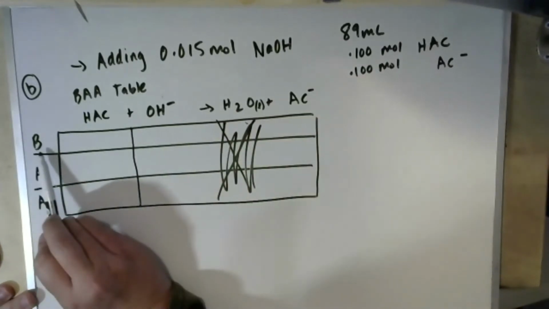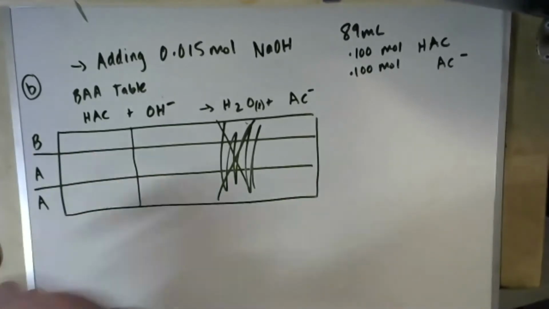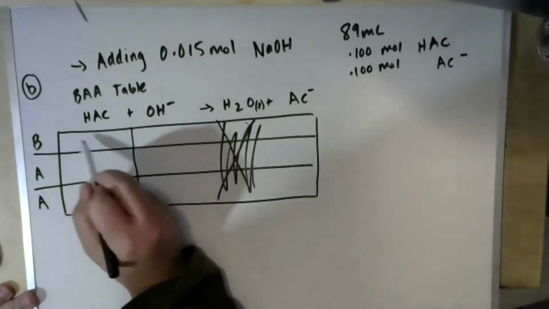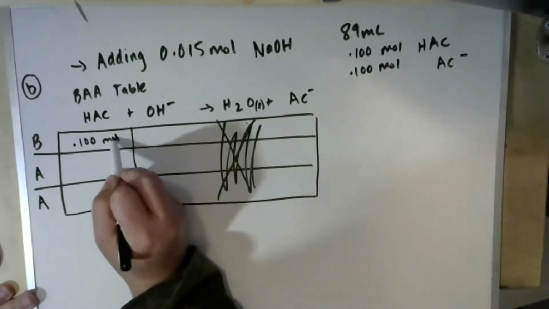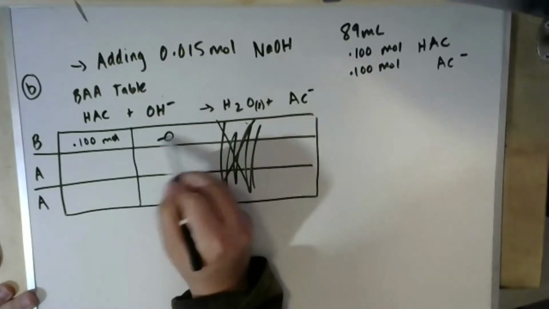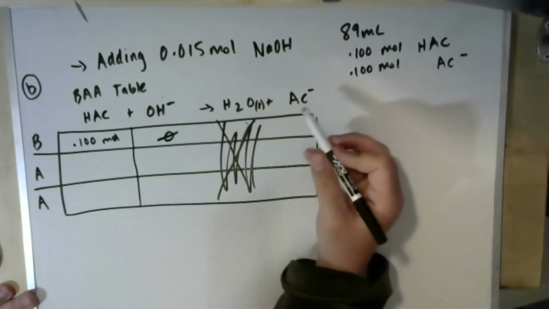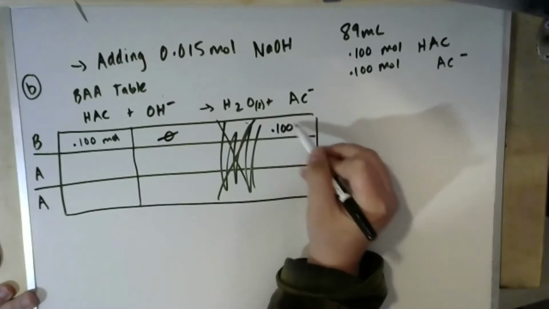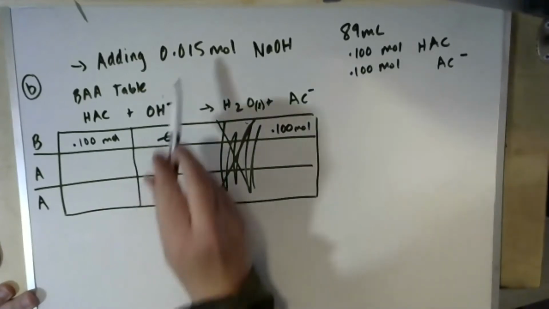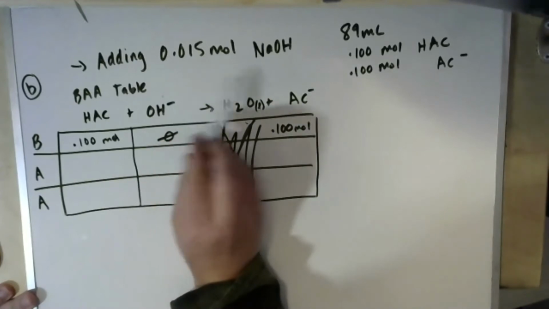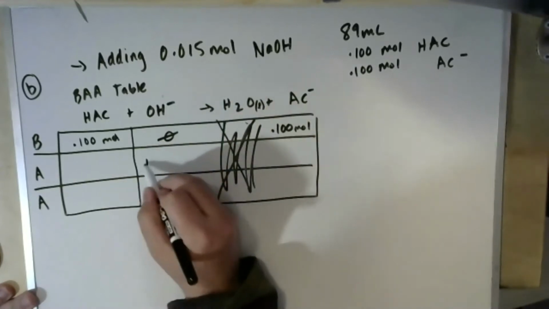So before the addition, we're going to go to our initial values of acetic acid and the acetate ion. So we have 0.100 moles of the acetic acid. We have no hydroxide yet because we didn't add any. And we have 0.100 moles of the acetate ion. Now in this case, we're going to be adding 0.015 moles of NaOH.